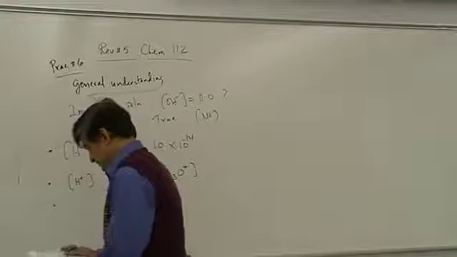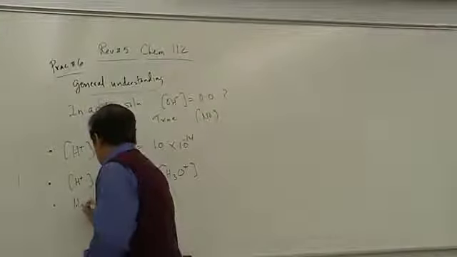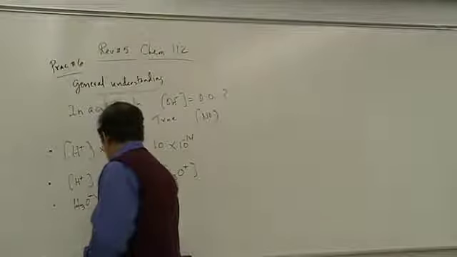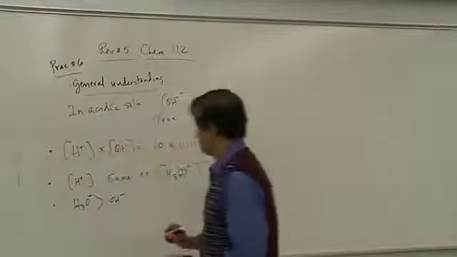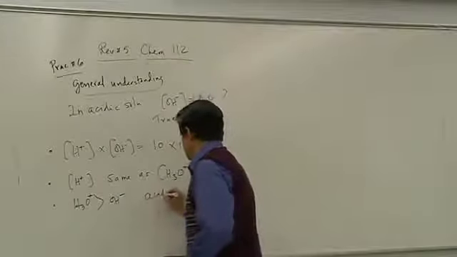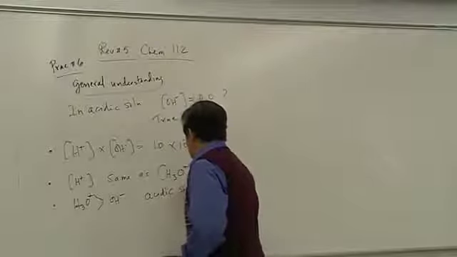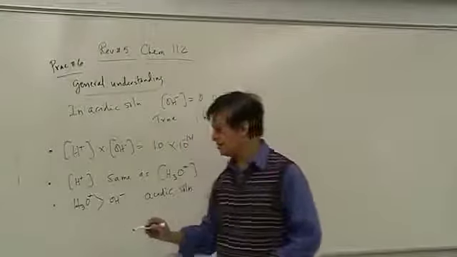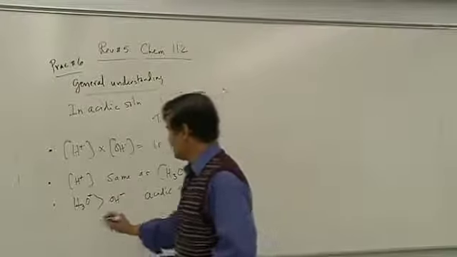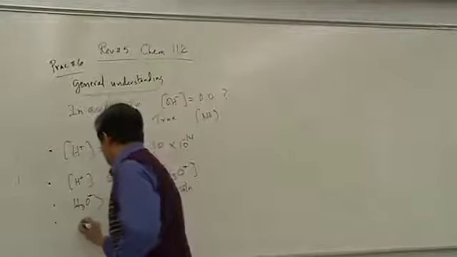Also, if H3O plus concentration exceeds that of OH minus concentration, you would expect an acidic solution. So basically, in an acidic solution, you'd expect more H plus than OH minus. On the other hand, for a basic solution it's just the opposite.